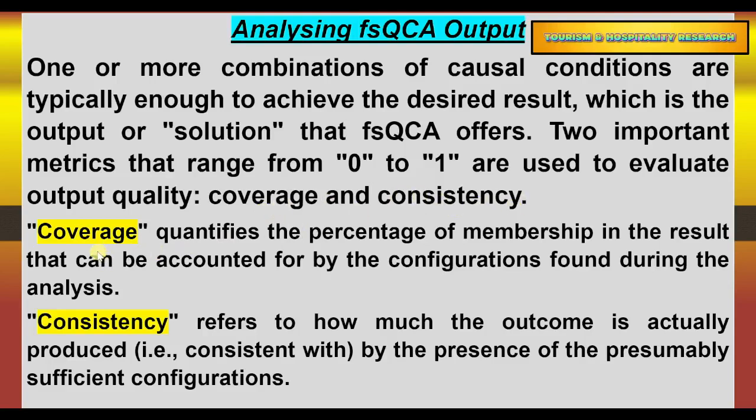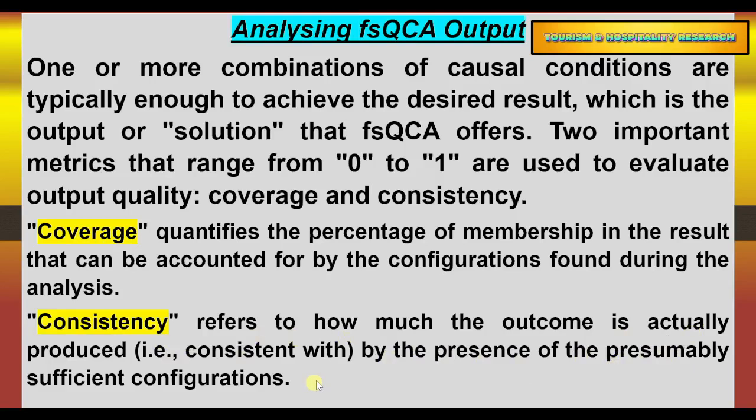Now, what is coverage? Coverage quantifies the percentage of membership in the result that can be accounted for by the configurations formed during the analysis. Consistency refers to how much the outcome is actually produced by the presence of the presumably sufficient configurations.